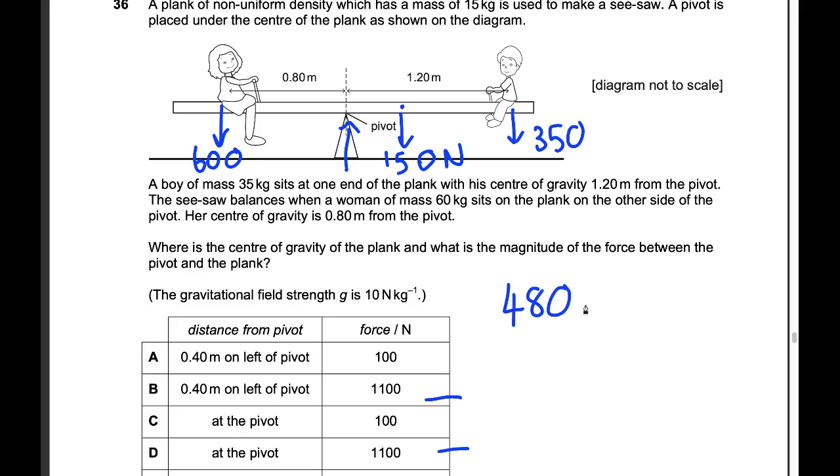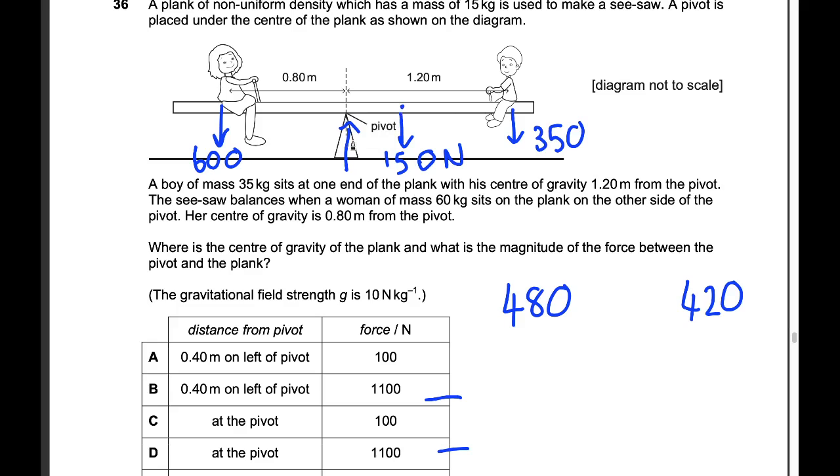Okay, so 480 Newton meters. And the boy, he is 1.2 meters away, and he has a 350. So that would be like adding on another 20%. So that's 35 times 2 is 70. So he has a 420 Newton meter moment that is clockwise. So I was right, the pivot has to be a little bit on the little boy's side.